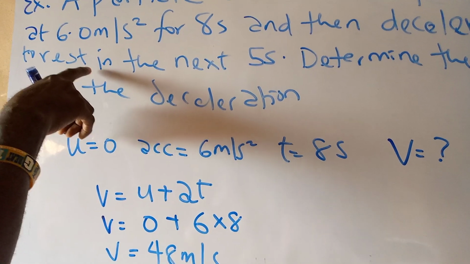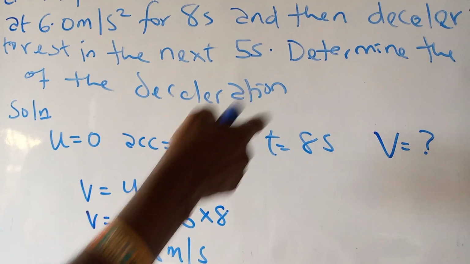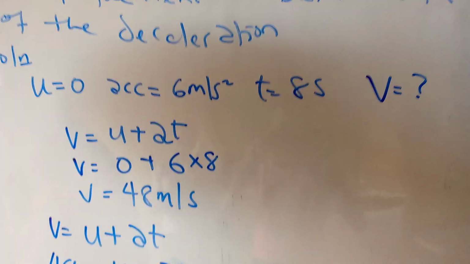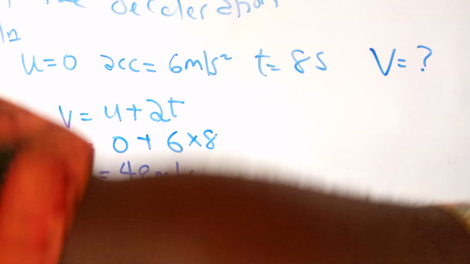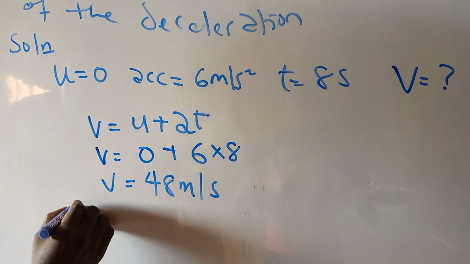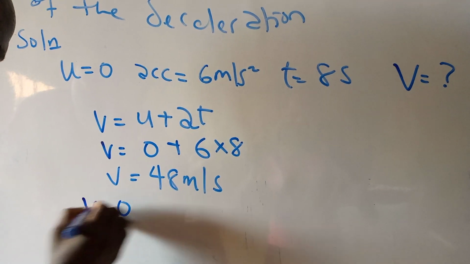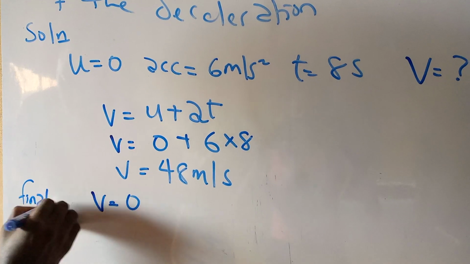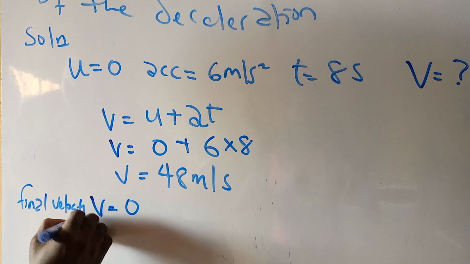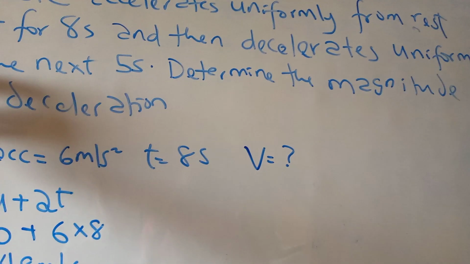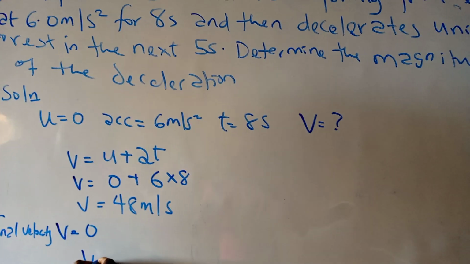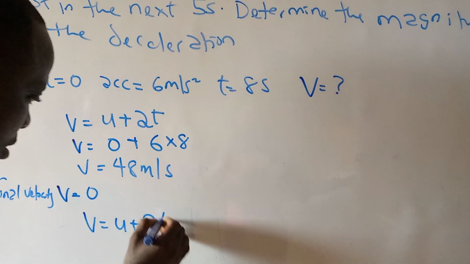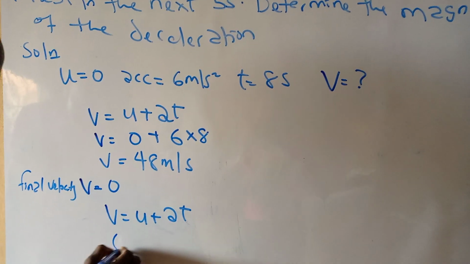What that simply means is that the final velocity now is 0, because it decelerates and comes to rest in the next 5 seconds. So using V equals U plus at, the final velocity now is 0.